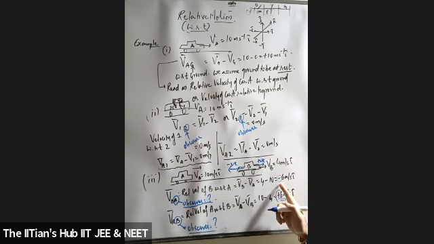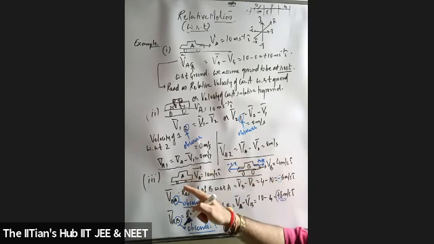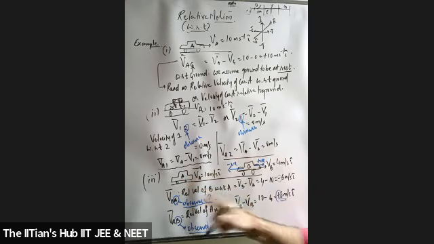So can I say car B is moving towards A? It's approaching towards A. That means the observer in car A notices, that's his observation, that B is coming towards me with 6 meters per second. Is it clear?